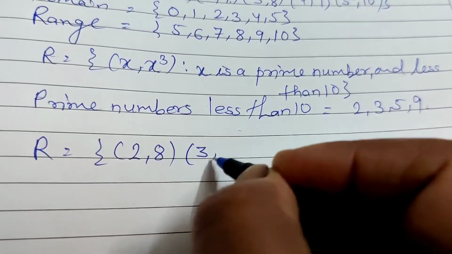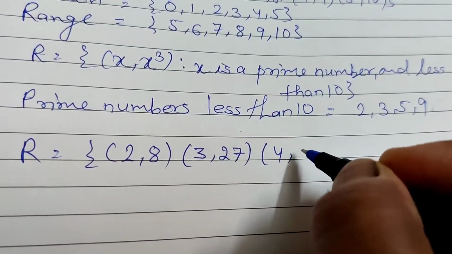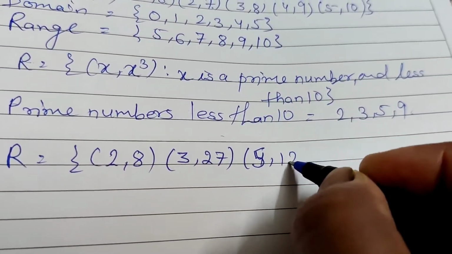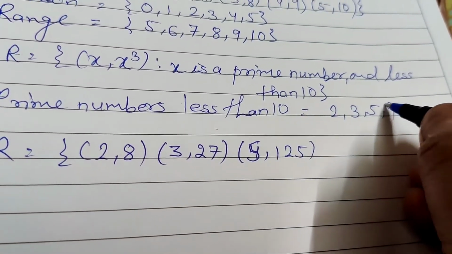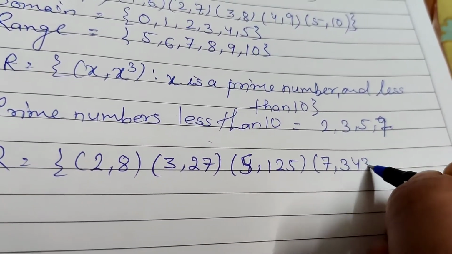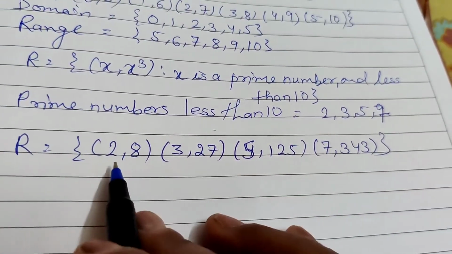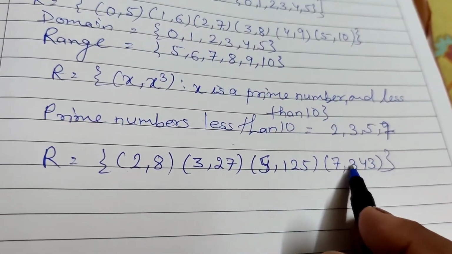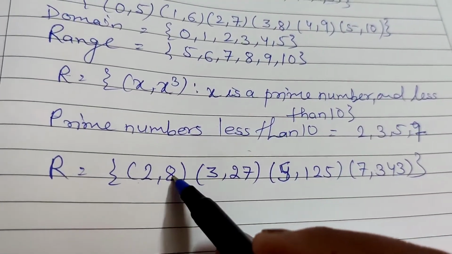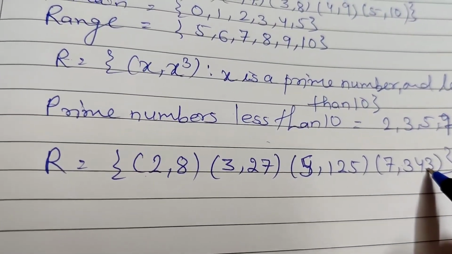Next 3, the cube of 3 is 27. Then 5, 125, and 7, 343. These are the cubes of the prime numbers 2, 3, 5, 7. The domain is 2, 3, 5, 7 and the range is 8, 27, 125 and 343.